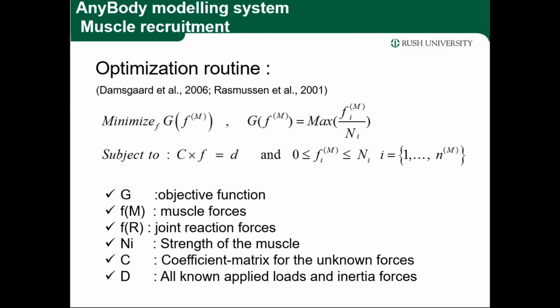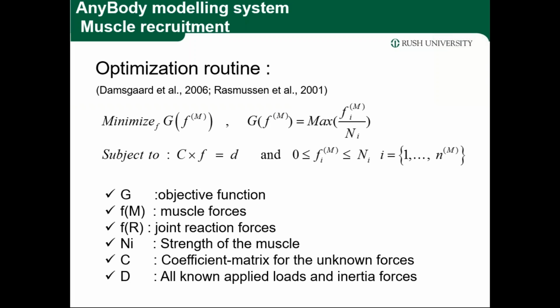But how the central nervous system controls our movement, or how it uses muscles to control each degree of freedom, is described through an optimization routine, which means that the muscles are recruited in order to minimize the maximum of muscle forces.